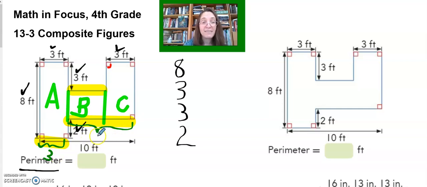So 10 minus 3 equals 7. Also, I know that if I take this length right here, and this much of it right here is 3, just like it is up here, then this length right here will be 7 minus 3.